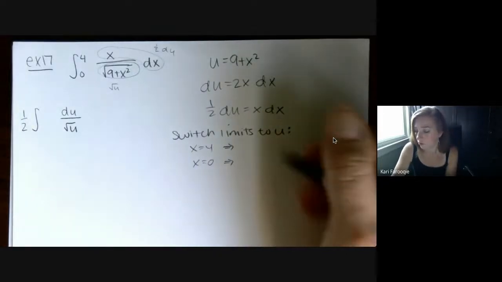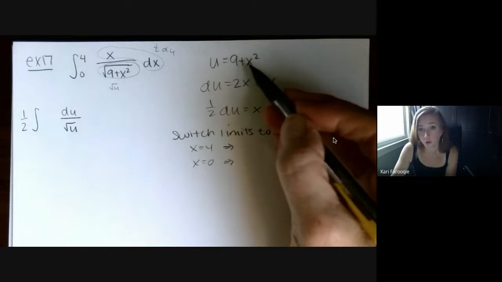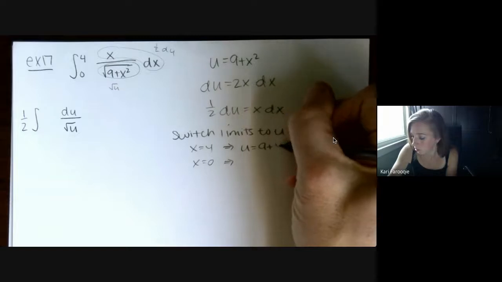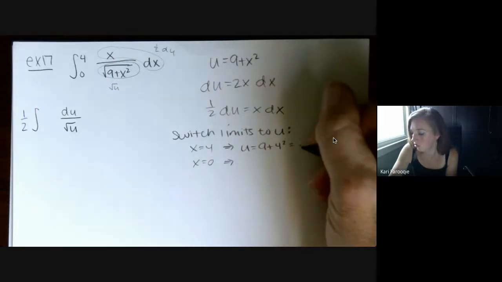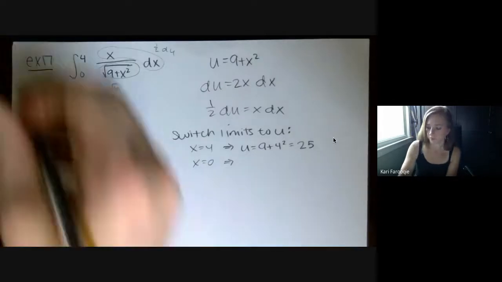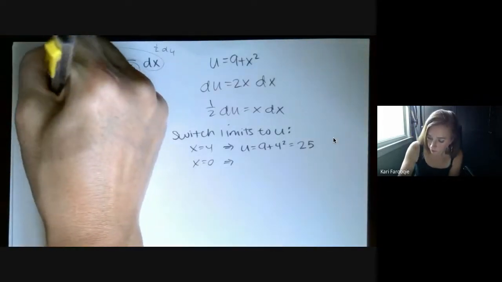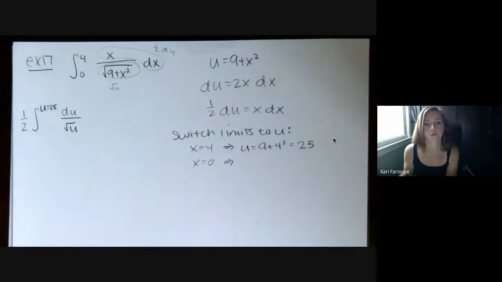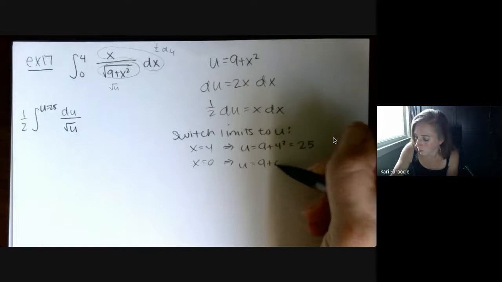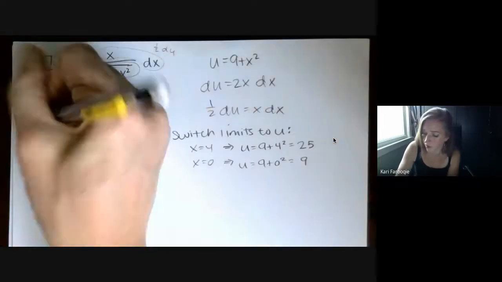And if x is 4, u, we already said, was 9 plus x squared. So u will be 9 plus 4 squared, which is 9 plus 16, which is 25. And then for the lower limit, 9 plus 0 squared is 9.